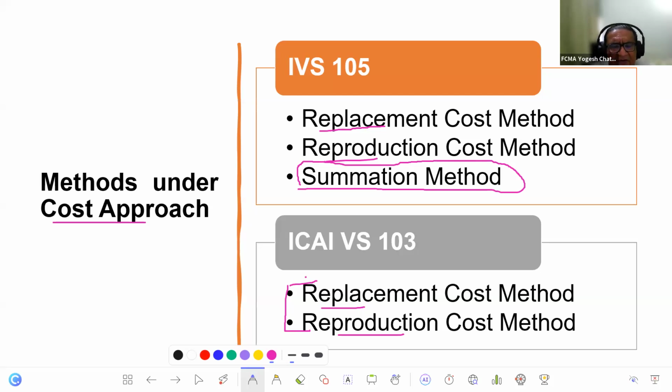A valuation of the principal company will be done separately, the subsidiary company will be done separately, and then those values will be added. That is known as the summation method, because we are adding the value of the principal company and the subsidiary company.